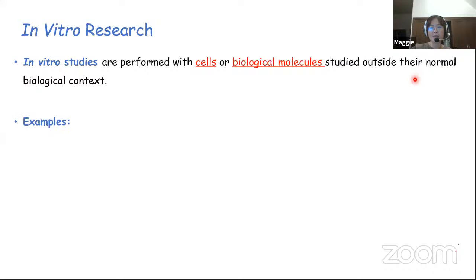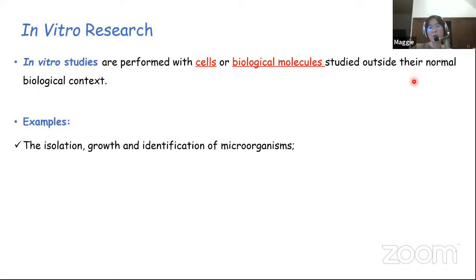Here are the examples. First, if you work on the isolation, growth, or identification of microorganisms, this is one kind of in vitro research. And if you work on cell culture or tissue culture, it also belongs to the in vitro study.